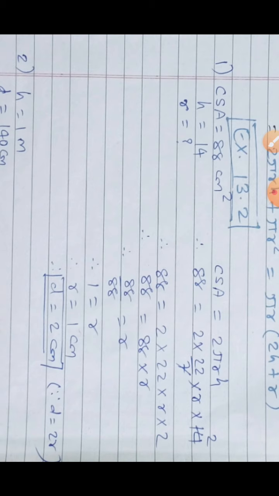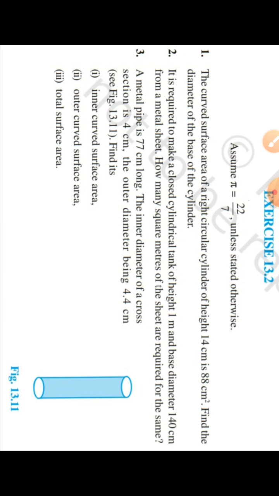Okay, now we go to number 2. Read number 2. It is required to make a closed cylindrical tank of height 1 meter and base diameter 140 centimeter. So we are going to make one cylindrical tank.